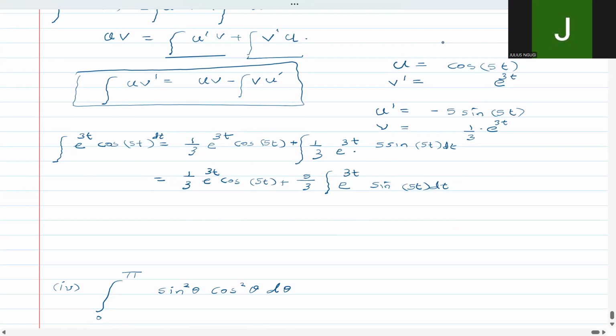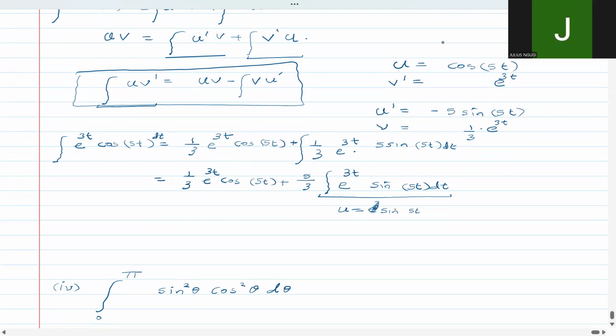So now this part here, we need again to integrate until we get to where we started. So we apply integration by parts again, another integration by parts. Our u is equal to sine 5t. Sorry, I wrote exponential power 3t first, let me cancel that one.